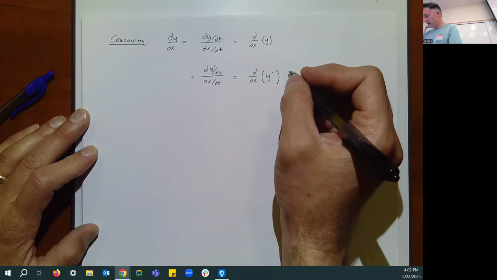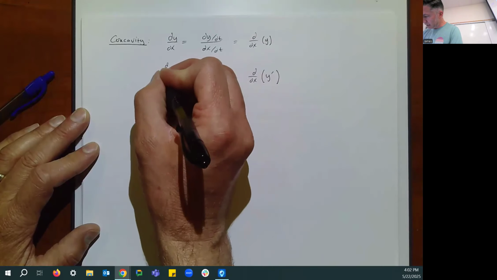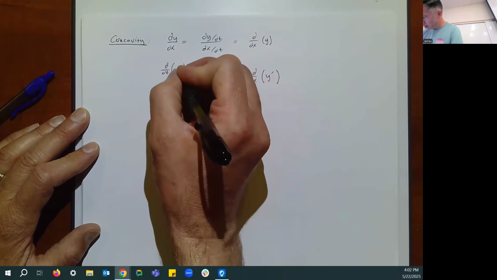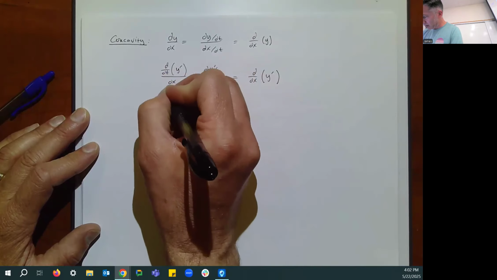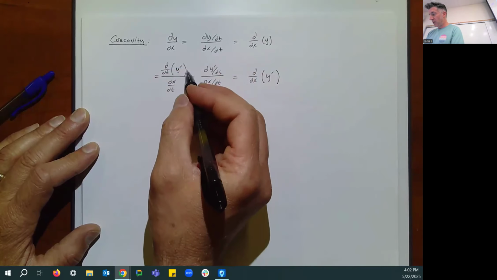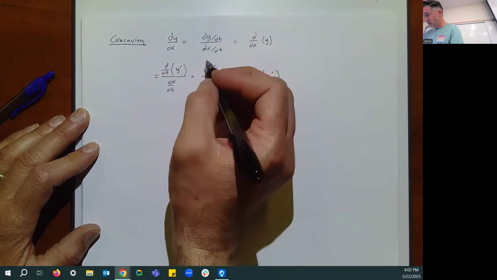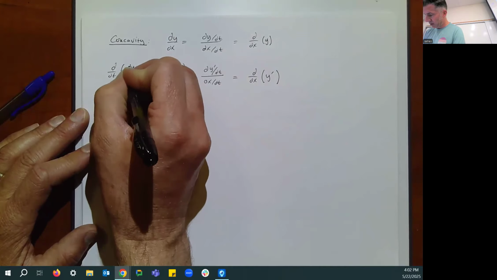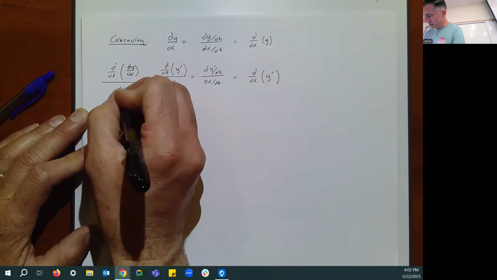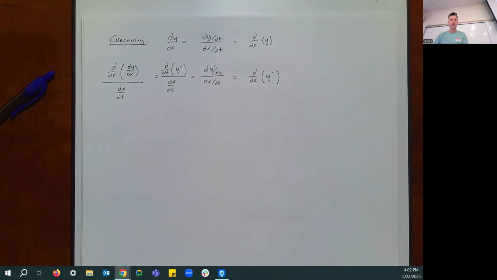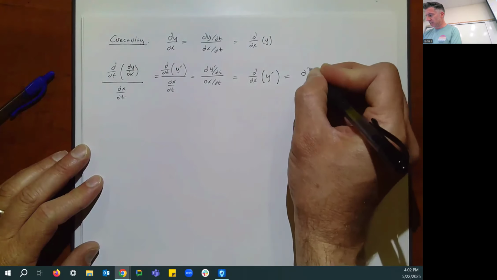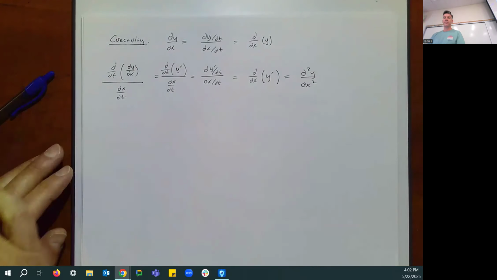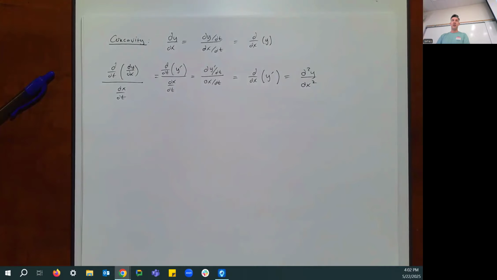To be more explicit here, this is going to be d/dt of my y prime over dx/dt. But y prime is this jazz here, so it's really d/dt of the dy/dx we already found, over still just dx/dt. It's a little bit weird. And then, of course, I should write it as d squared y over dx squared. But that's the idea. You're just replacing y with y prime and then acting on it the same sort of way.